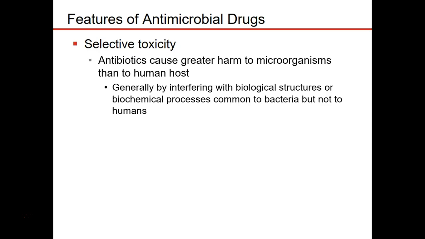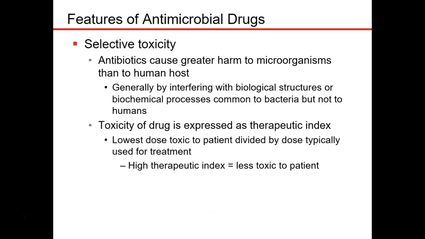In general, antibiotics are going to cause more problems to microorganisms than to humans. And this is because they're attacking biochemical processes that are common to bacteria and not humans. We have to look at the toxicity of a drug and determine if it is beneficial for a patient to use it.